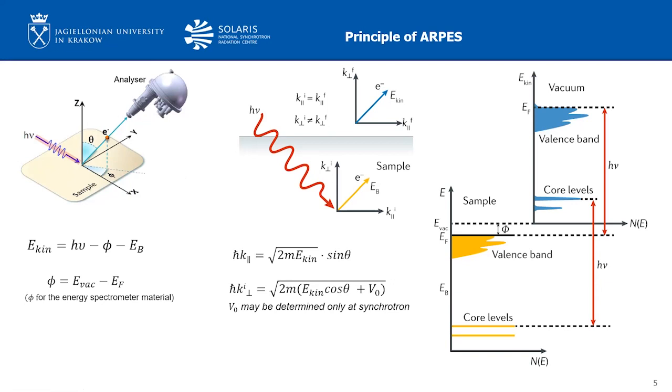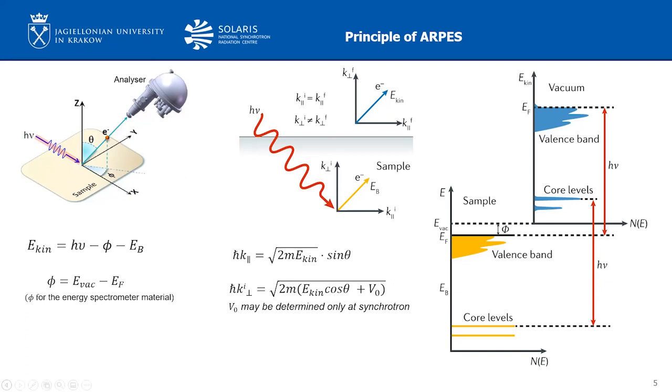Momentum perpendicular to the surface is not conserved because the surface of the material necessarily breaks the translation symmetry in this direction.